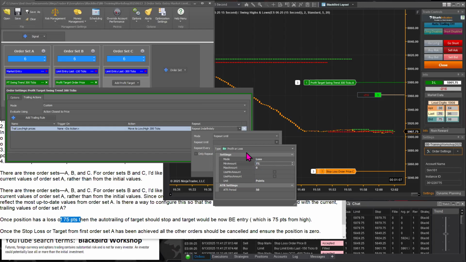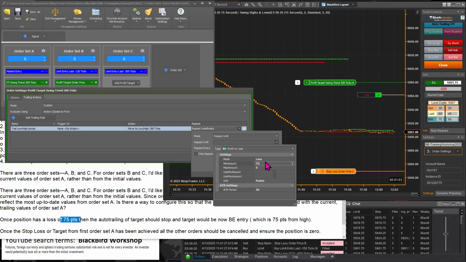The issue is that the calculation that NinjaTrader uses is based off of the average entry price, right? So your P&L is based off of this number here from the average entry price. So it's not based on the first entry, right? Your P&L is never based off of your first entry there.